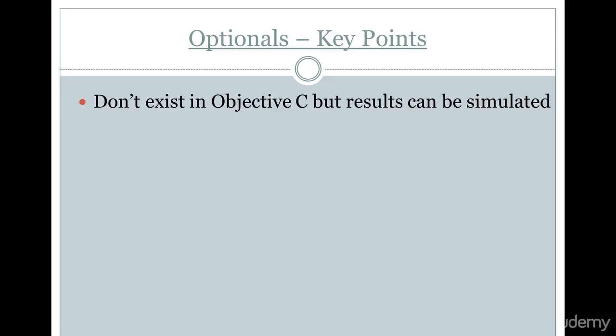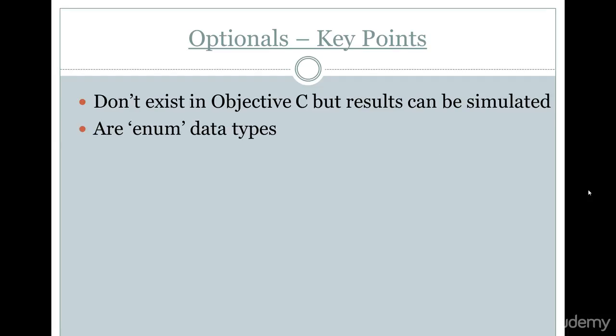But essentially, an optional is simply a way of dealing with nil or null. It's dealing with the absence of information, and Objective-C has the ability to do that, but it's handled very, very differently and less safely than how it is handled within the Swift language.